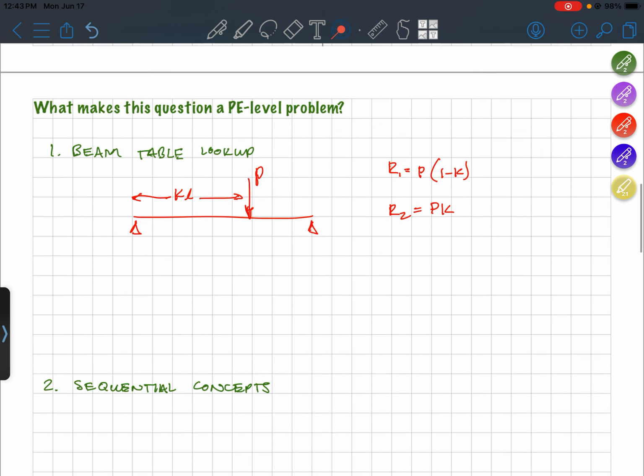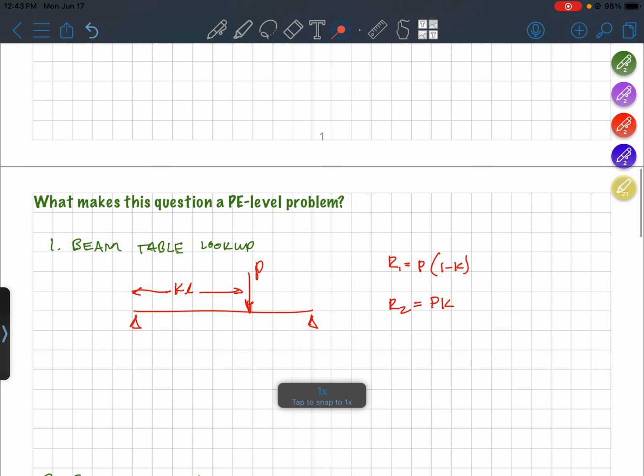Now let's go see what makes this a PE level problem. Okay, beam table lookup. Beam tables can be your best friend if you know what you're doing with them, if you know what you're looking for. They are a little mysterious. Sometimes the images and the info given next to the images can be confusing.